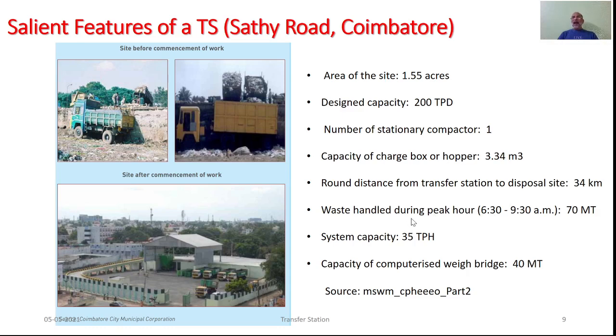The waste that could be handled during the peak hour is 70 metric tons. The capacity of that particular station is to handle 35 tons per hour. Here, the computerized weighing bridge and such things have a capacity of 40 metric tons.